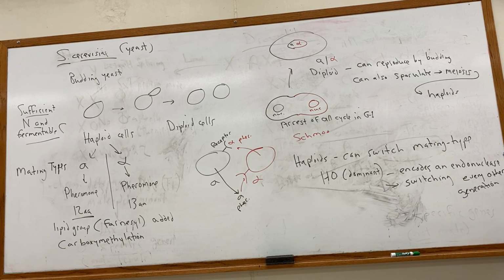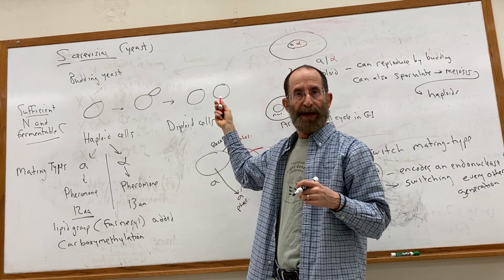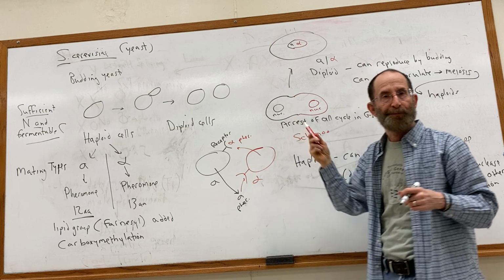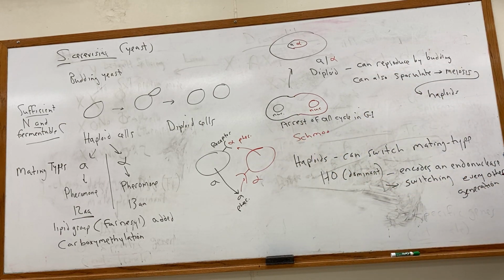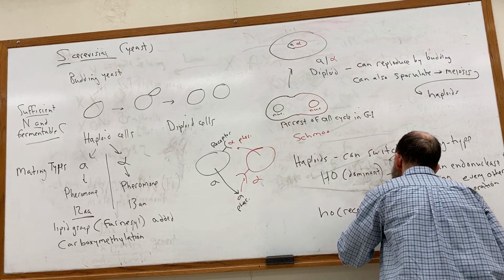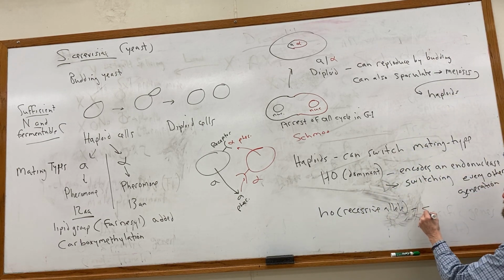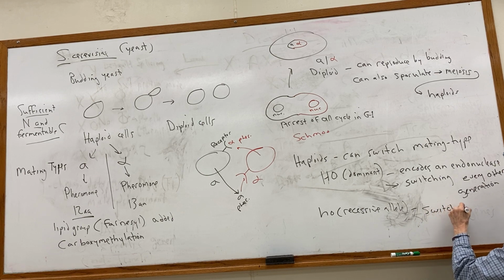And just to emphasize what that means: if a mother cell produces a daughter cell, the daughter cell can't switch, but her daughters can switch. Okay. And then there's a separate allele to that, which is recessive, in which case switching is rare, on the order of about 1 in 10 to the 6th cells.